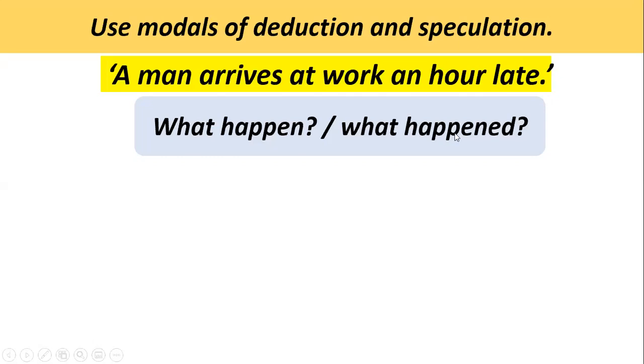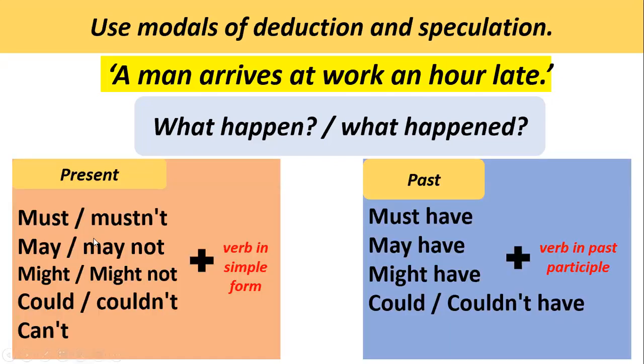Remember that we have the modals in present, so it's only the modal and then the verb in simple form. And in past, I have to use the modal, have, and then the verb in past participle. We have modals for deduction, and modals for probability and possibility, or impossibility if it's negative.